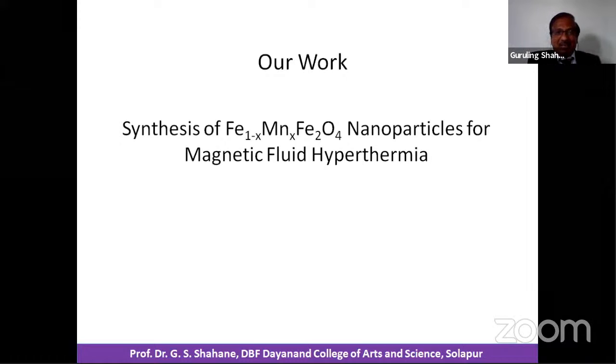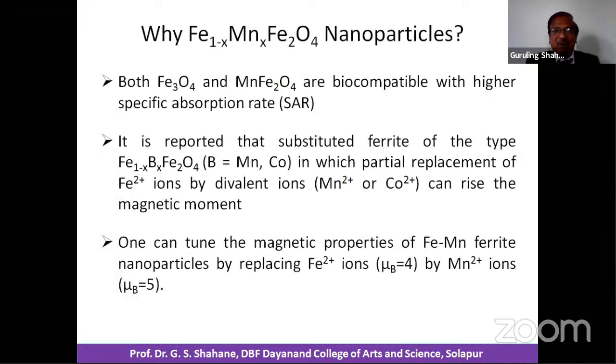So in our lab, we have synthesized Fe-Mn ferrite nanoparticles, a composite of Fe and Mn ferrite nanoparticles, for magnetic fluid hyperthermia. Why this composite? Note that for biomedical applications, or for this hyperthermia application, most of the work is on Fe3O4 only.